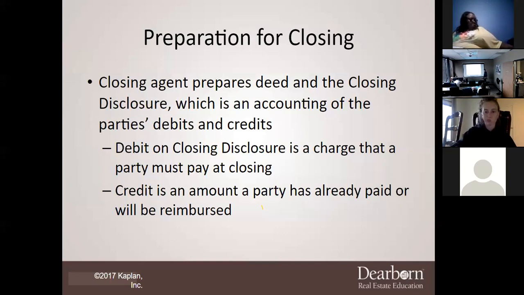So the closing agent is going to prepare a deed and the closing disclosure, which is an accounting of the parties' debts and credits. You'll get the closing disclosure 3 days before closing. Remember, 3 days. I have an example that we can pull up. So we'll actually pull up an example of a closing disclosure for y'all to see.